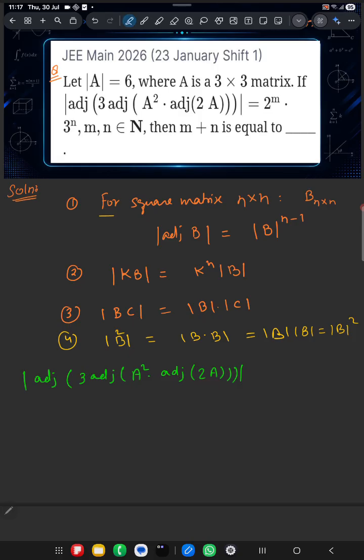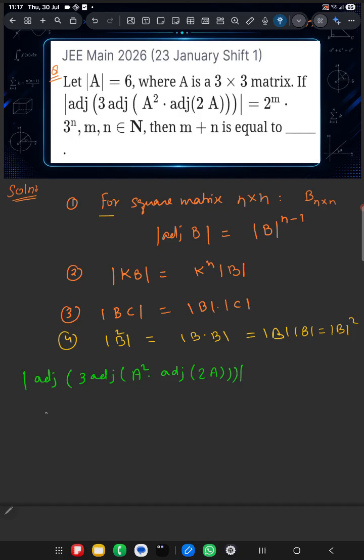First of all, suppose you assume that this whole thing is like a C. So determinant of adjoint of C will be determinant of C to the power 3 minus 1, because the matrix is of order 3 cross 3. So its power will be 3 minus 1, that is 2.